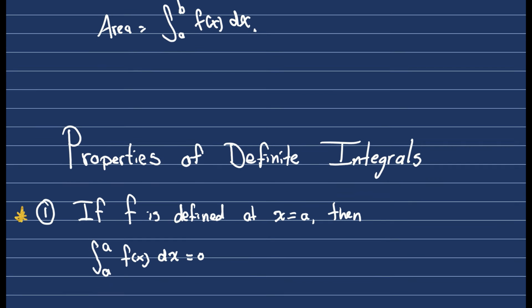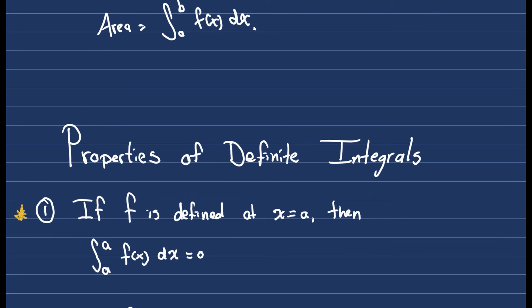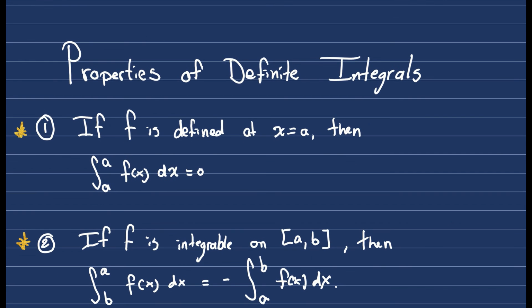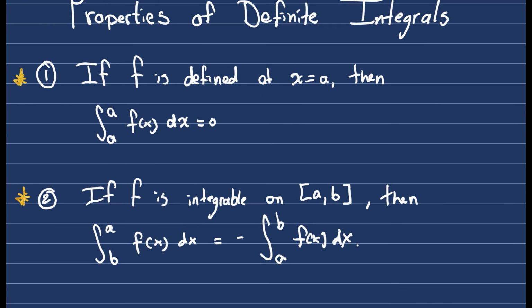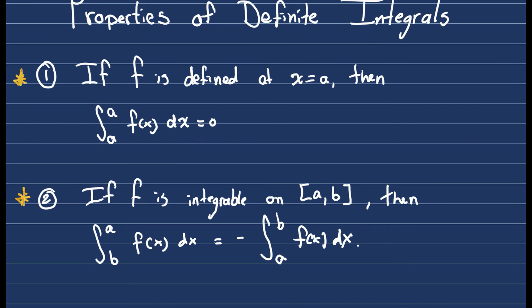So let's actually learn some properties of this definite integral. Remember, definite versus indefinite integral. Properties of definite integrals. Well, one, if f is defined at x equals a, then the integral from a to a of f of x dx is equal to 0. Why is that? Because remember, this is saying this is the area from a point A to a point A. This is the area under a curve from 1 to 1, under a curve from 3 to 3.